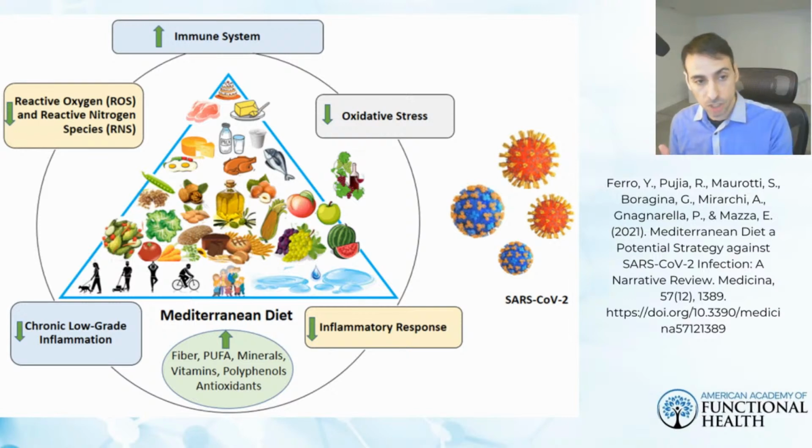A reduction in reactive oxygen species, which cause damage to our cells, cause damage to our pancreas, and increase the risk of insulin resistance, and then it helps to improve the function of the immune system, right? This particular study looked at the Mediterranean diet as a potential strategy against COVID-19 infection, and what the benefit of it is. But we're taking a look at this study because it really shows us the overall health benefits of the Mediterranean diet.